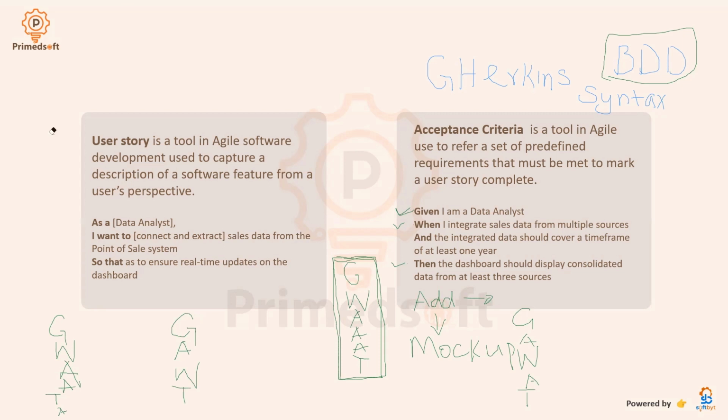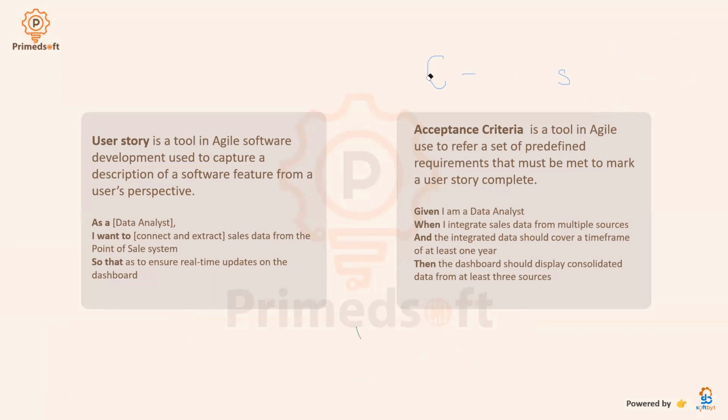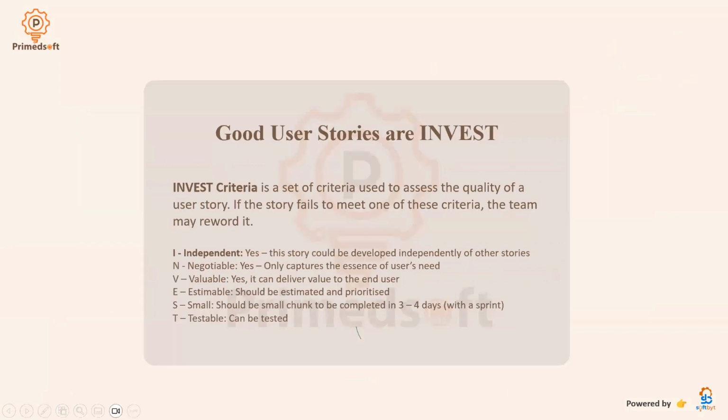All right. So let's explain the last part of this. There are some conditions you need to take into consideration when writing a user story. And that criteria is what we call INVEST.